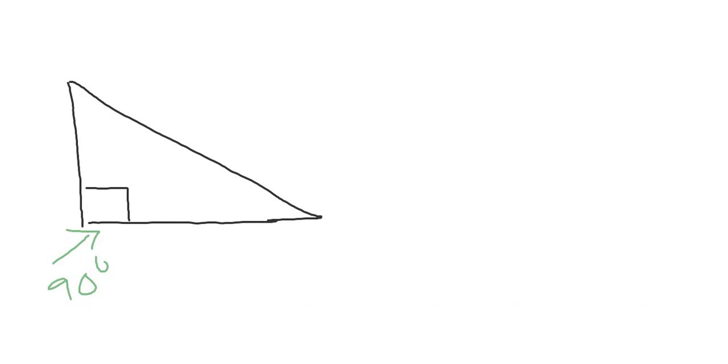Now, what is this concept saying? If you want to find the length of side C, you are going to say C squared is equal to A squared plus B squared.